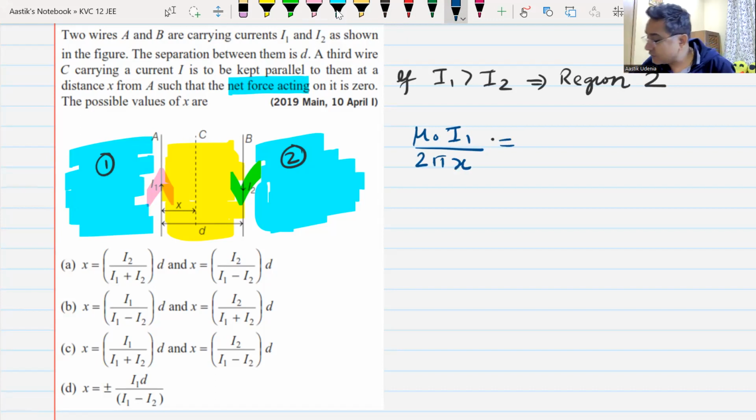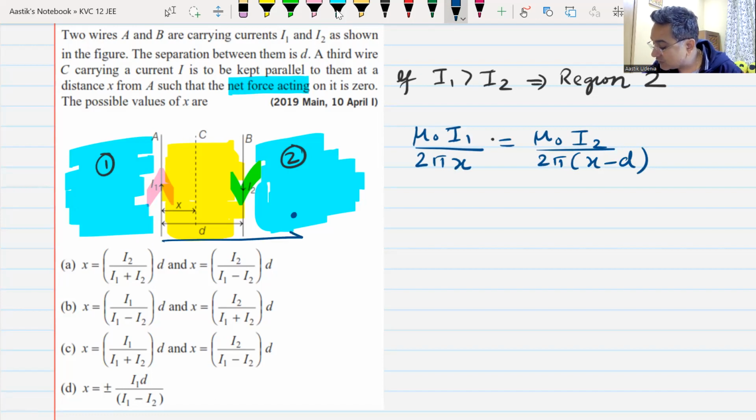The magnetic field due to the second wire will be mu naught I2 by 2 pi into x minus d. Do we understand what I have written here? Because the point is here somewhere. So if I call this distance x, the distance from the second wire becomes x minus d. We understand this? Yes, sir.